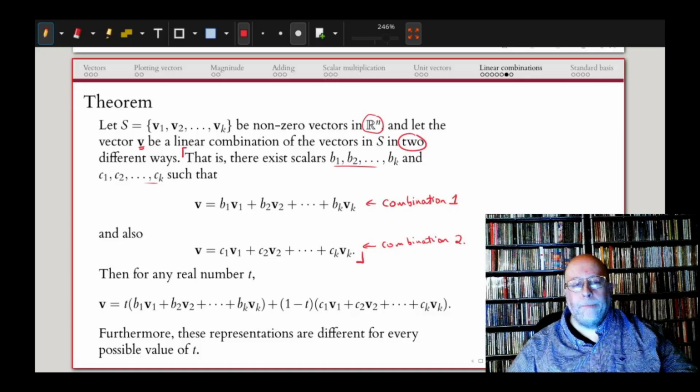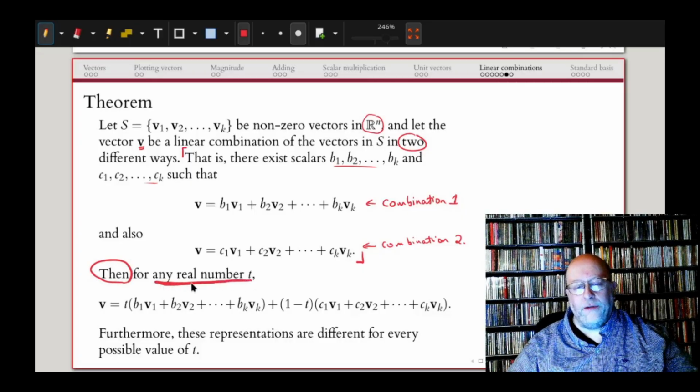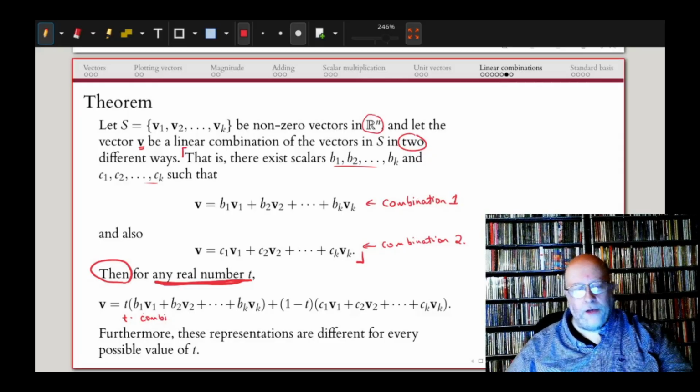Our theorem says, if we have a vector that's a linear combination in two ways, then, here's the important part, we can do this next process for any real number t. For any real number t, I can multiply the first combination by t and the second combination by the number 1 minus t.